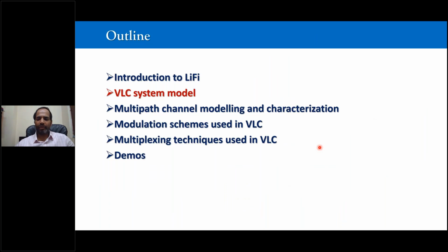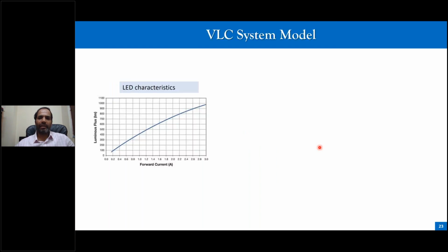Now let us try to get slightly technical. So let us look at the VLC system model. And VLC system model, that means we are looking at the LED characteristics. Let us try to understand this. I have tried to simplify the slide as much as possible. Still, if you have some difficulty, then we can discuss this.